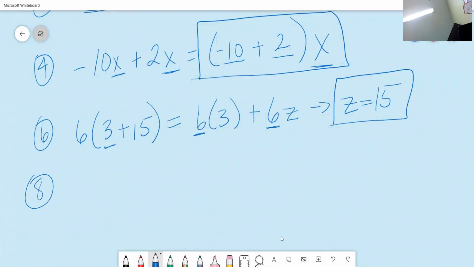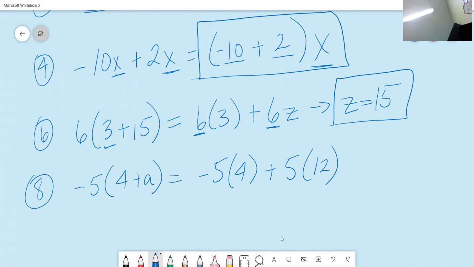Okay, moving on, number 8. So number 8 says that -5 times 4 plus a equals -5 times 4 plus 5 times 12. Now, what is this? Okay, so we just distributed -5 into 4 and into 12, but our -5 turned into a +5.